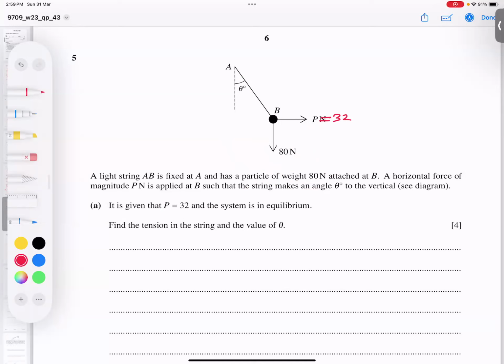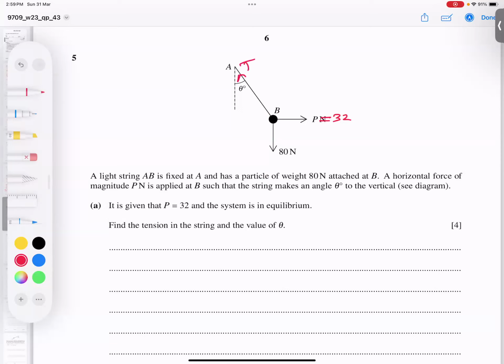So I mean to say, the right side force equals the left side force. Before I start, due to this weight downwards, the system will feel a tension upwards.